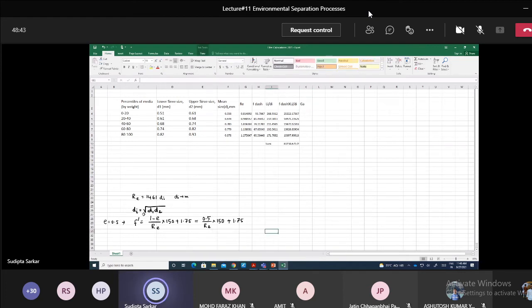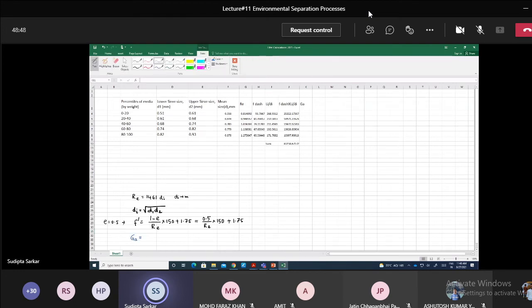GA equals d cubed into rho into rho s minus rho g by mu squared. So let us enter this formula here.